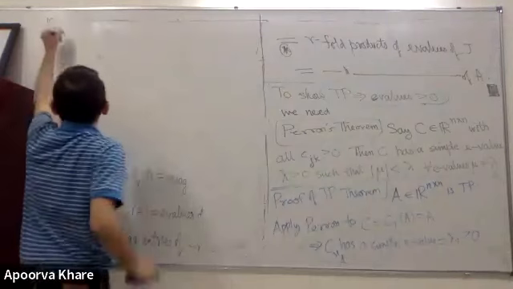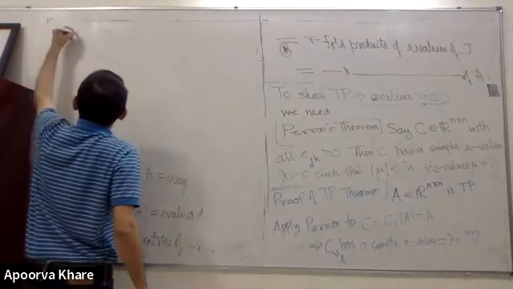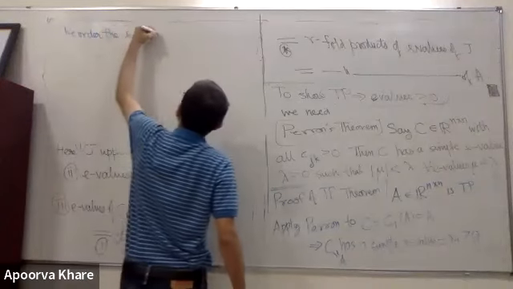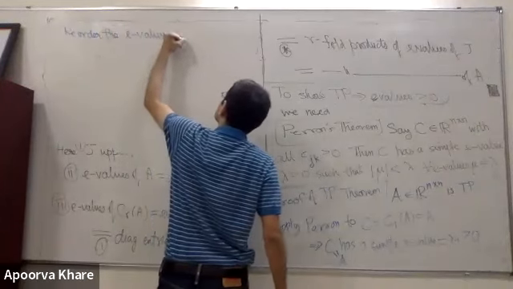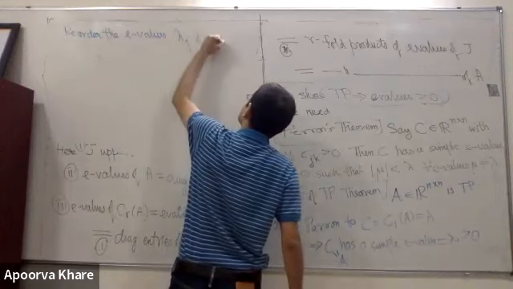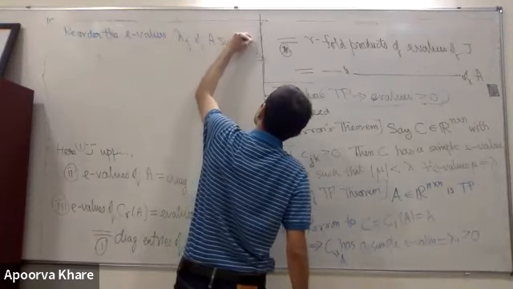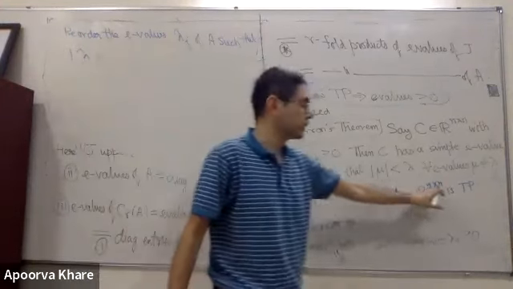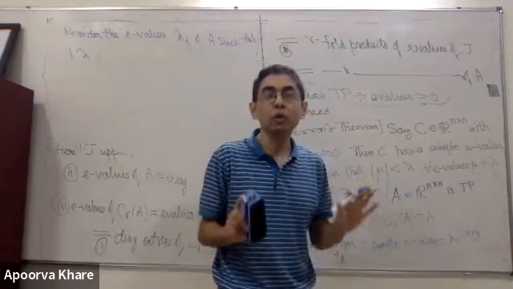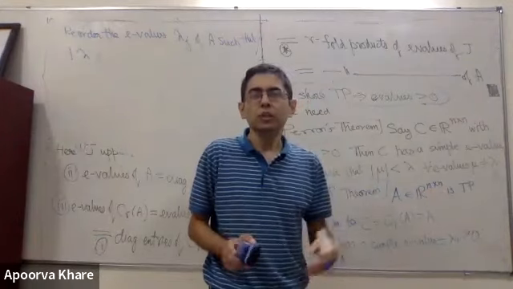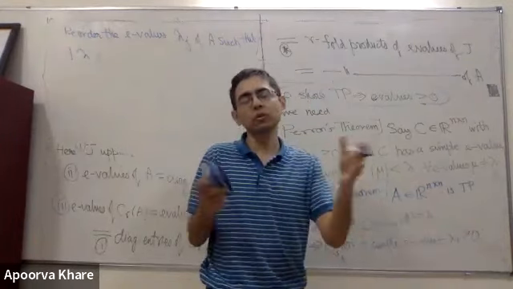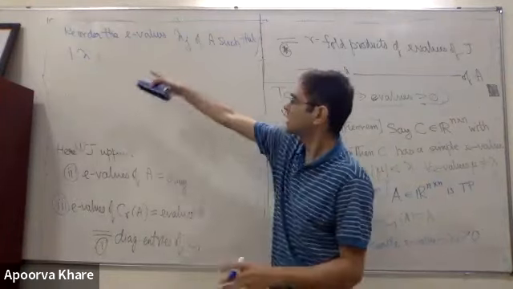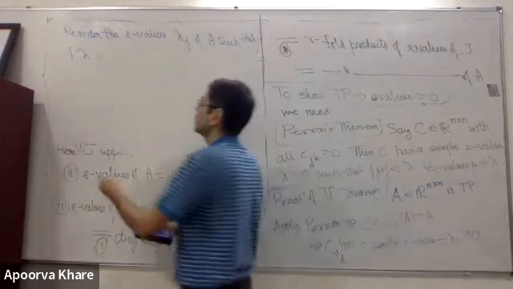We label the multiset: renumber or reorder the eigenvalues lambda_j of A such that, the point is A is some real matrix, so it may have complex eigenvalues. I want to prove they are real, but I don't know that yet. So let us look at the modulus, the absolute values of the eigenvalues. These are some non-negative real numbers. I order them such that they are decreasing.